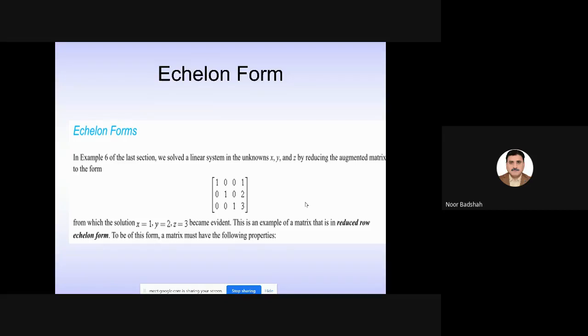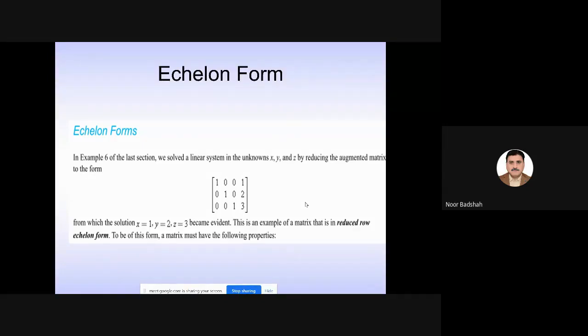If there is any zero row, that should be at the bottom. Keeping in mind, if there is no zero row, you don't need to check this one. Sometimes students make a mistake, they say there is no zero row, so it is not an echelon form. It is not necessary for echelon form to have a zero row in it. But if it is in it, then it must be at the bottom.